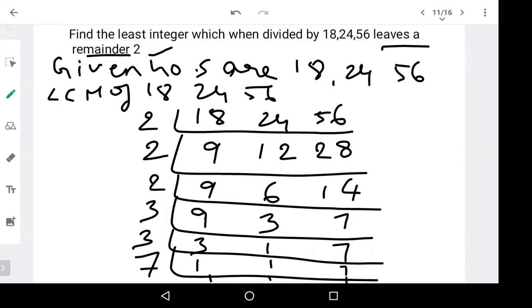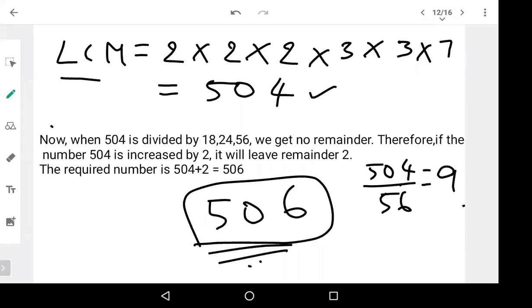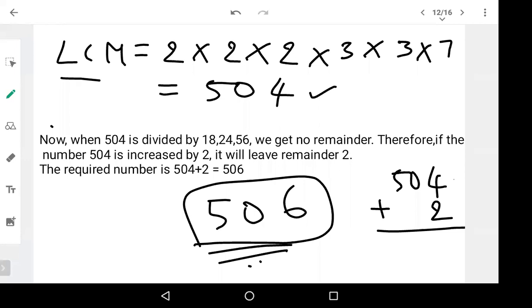So what we are going to do here is, for this 504, I am just going to add 2 because I want 2 as remainder. So what will be my required number now? 506. Yes, 506 will be the required number. Now you're supposed to divide 506 by the 3 numbers.